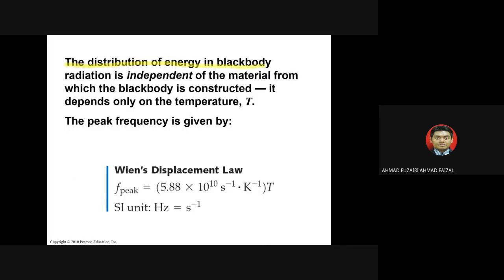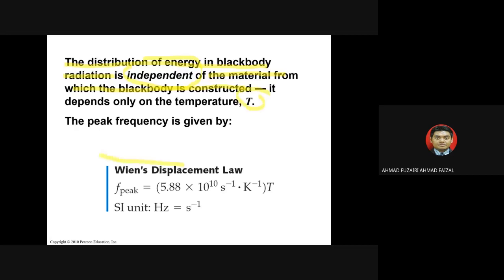The distribution of energy in black body radiation is independent of the material from which the black body is constructed. So the distribution of energy depends only on the temperature.